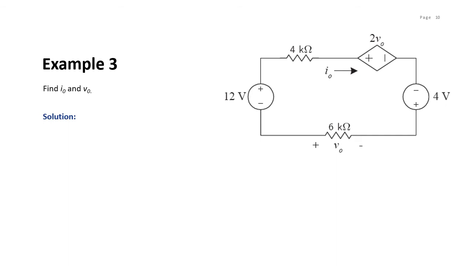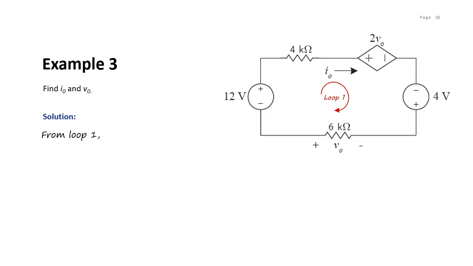Okay, let's do another example together. Let's find I0 and V0 from this circuit. Let's find them using KVL. So you have to identify your loop, the direction of your loop. In this case, we are going clockwise. So we have to go around the loop.